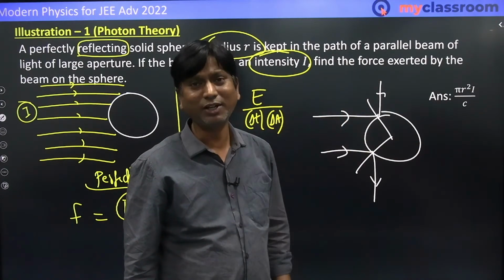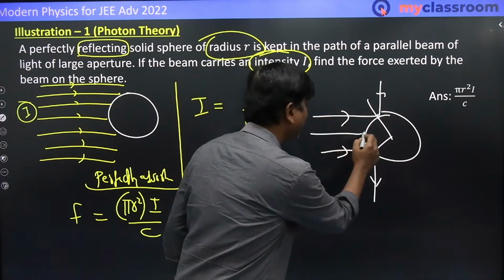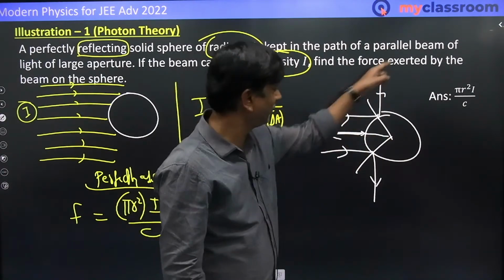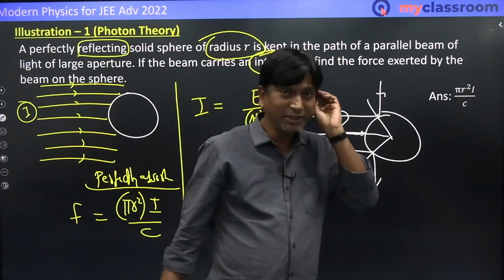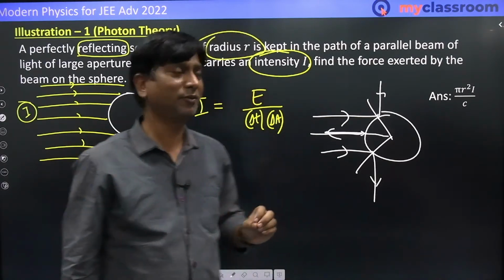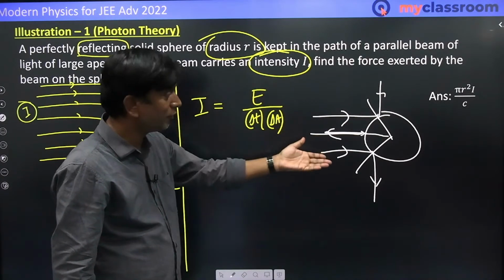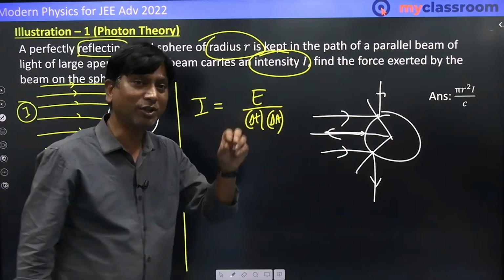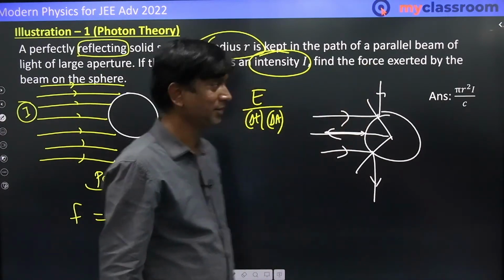Of course, the photons coming exactly normally may reflect straight back, but the remaining all reflect at some angles. So there are changes in the photon momentum, and the same force the photons exert on the sphere. That force is what they are asking.